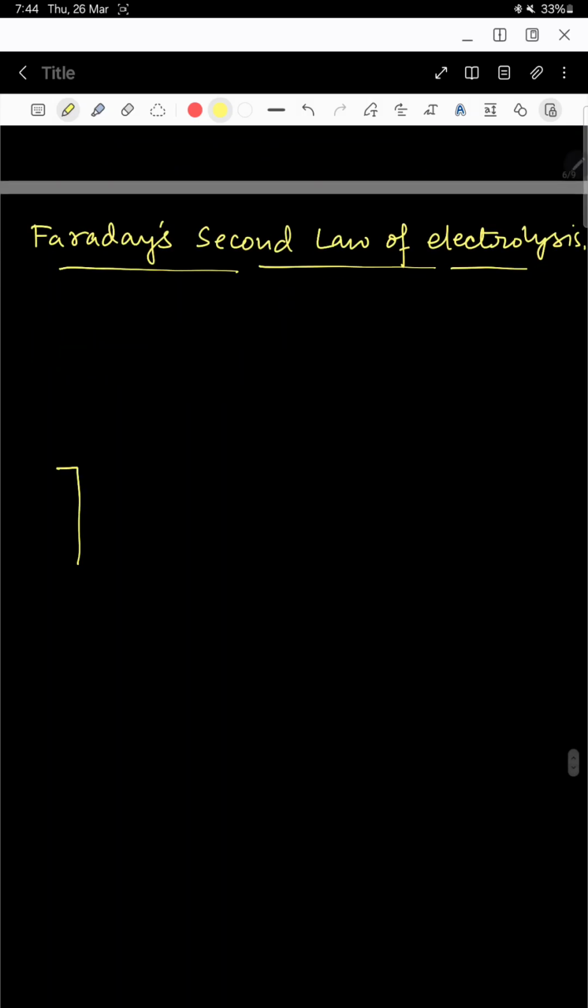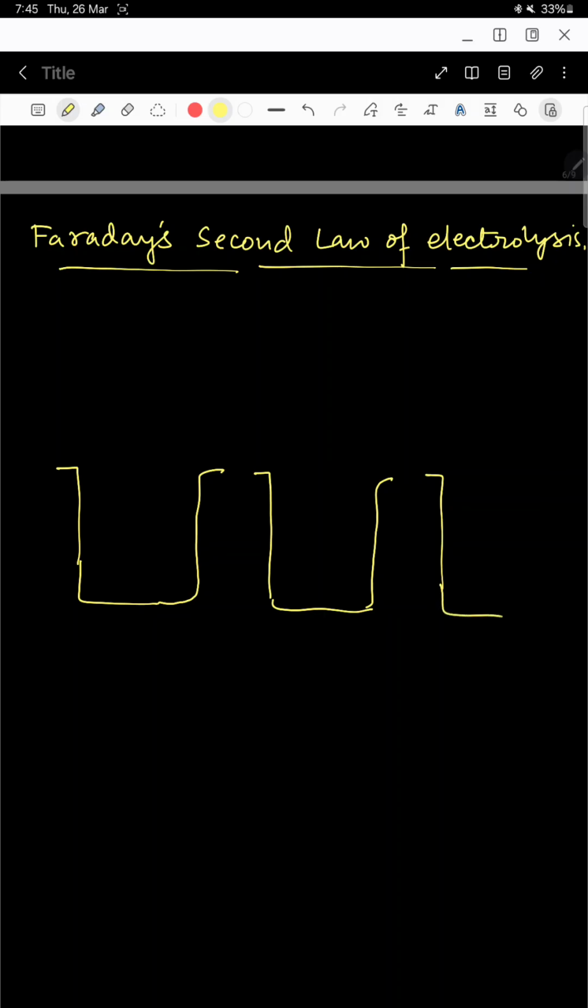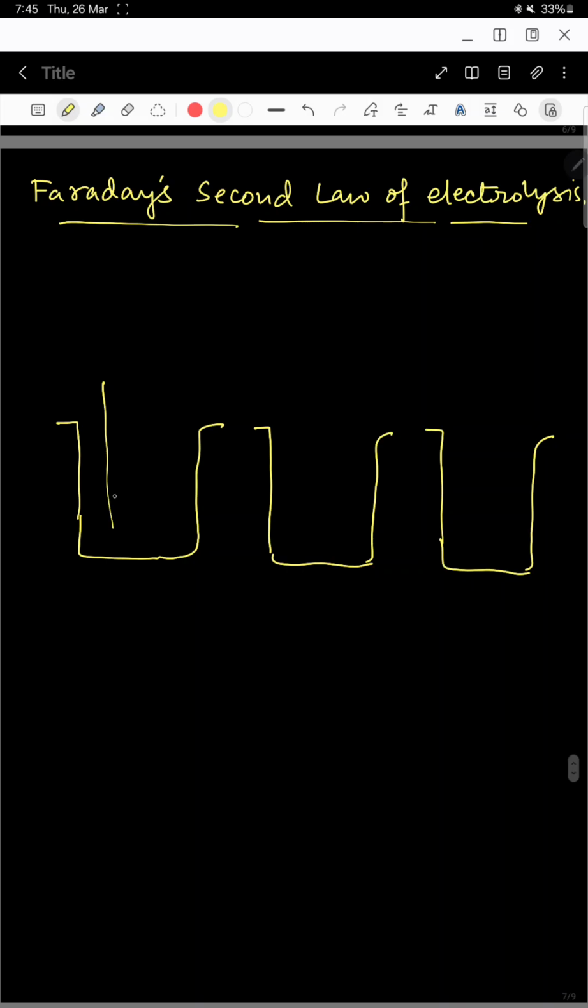Suppose we have a first electrolytic cell like this, a second one like this, and a third one like this. These 3 electrolytic cells are connected in series.